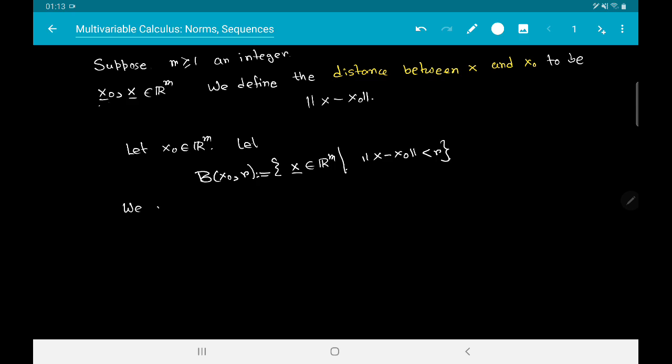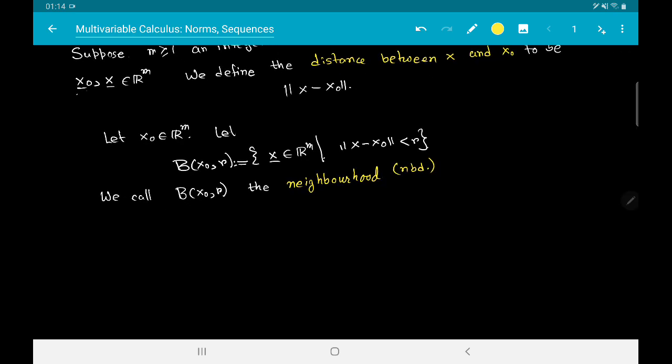We call B(x0, r) the neighborhood. Now I will not write this whole word ever again, so I'll just write NBD to make you understand that I'm talking about neighborhood. We call B(x0, r) the neighborhood of x0 of radius r.